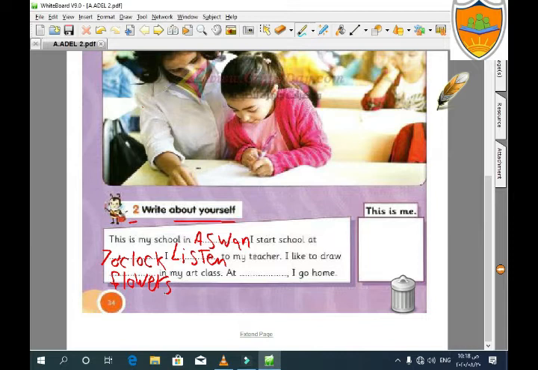In my art class, I go home at 3 p.m. 3 p.m. means afternoon. Let's move to the next page.